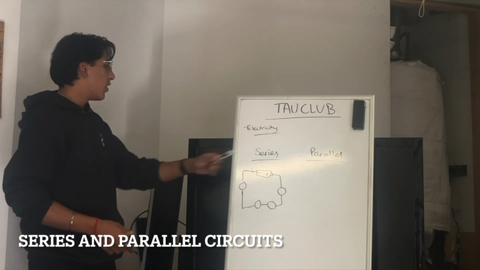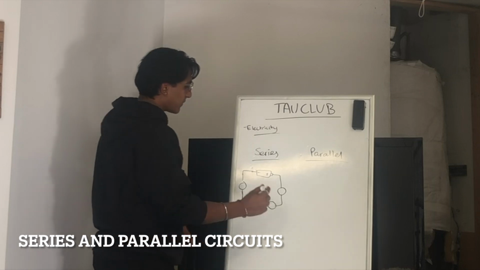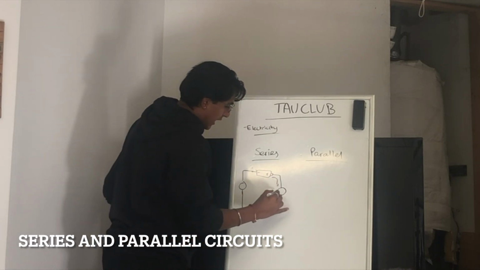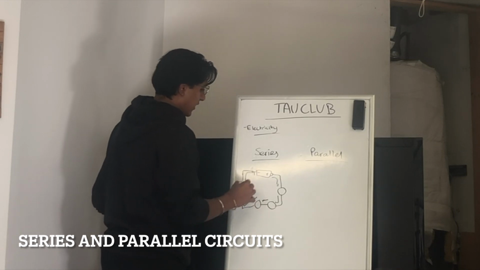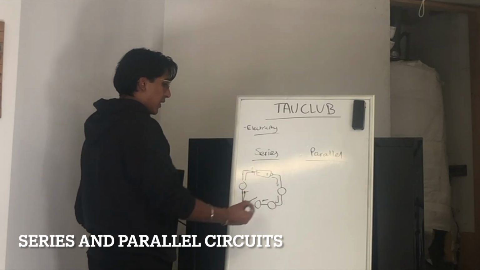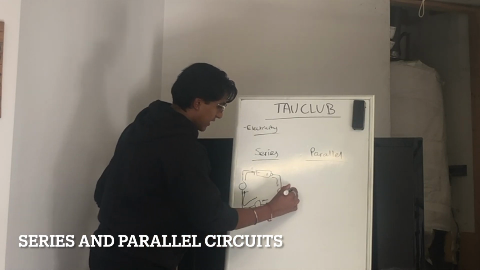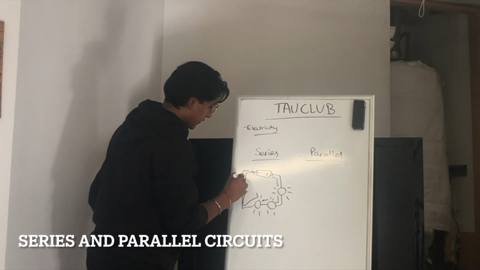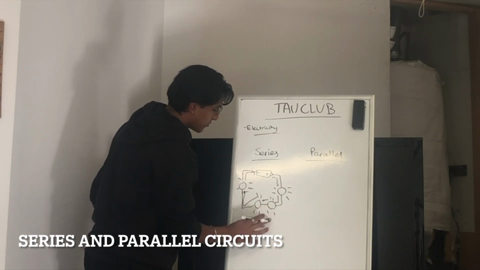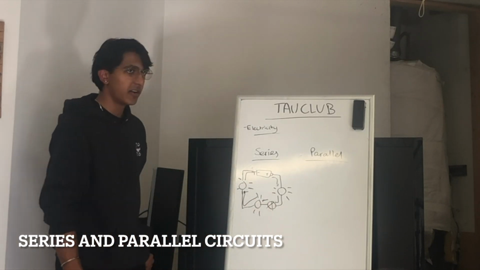But here there's a problem with series circuits, right? Your electricity flows from positive to negative end, and it depends on this one line. So what happens if this light, let's say all these are shining right now, what happens if this one light stops shining and says, no, I'm not working anymore?